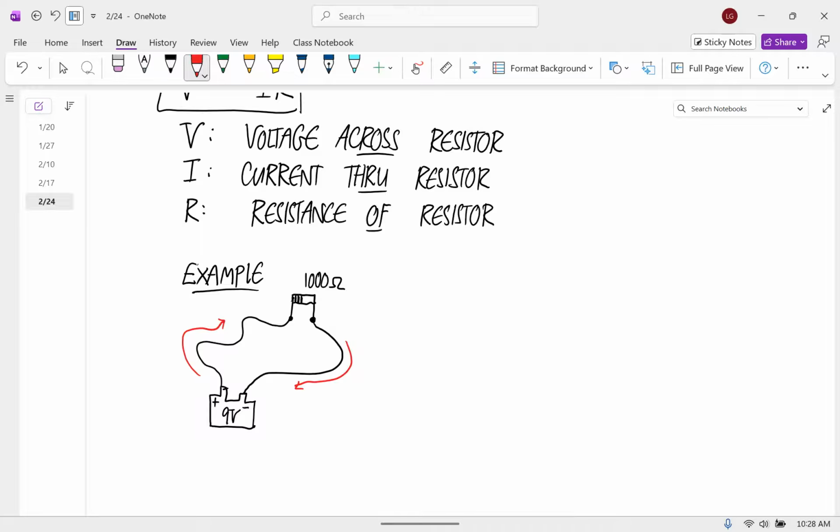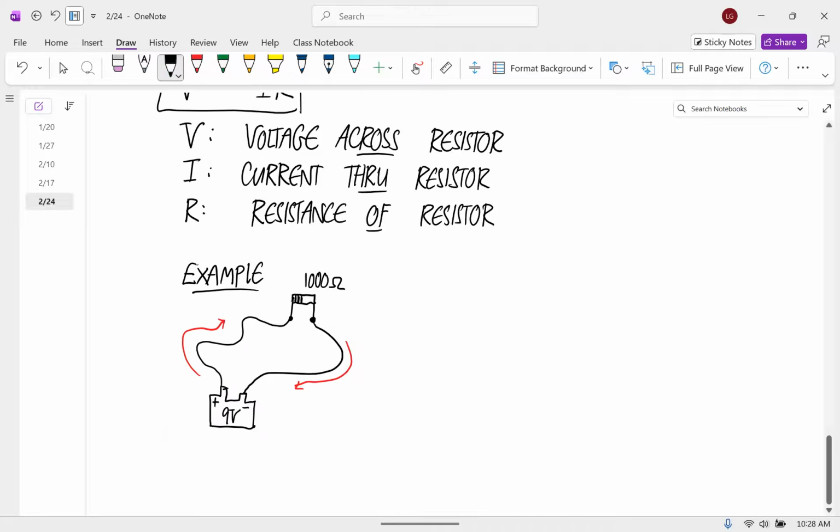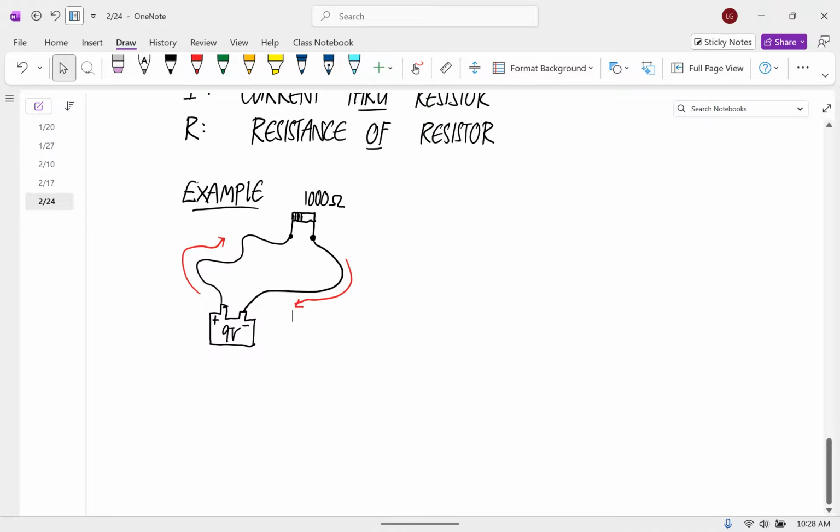What about the value of the current? Well, we can use Ohm's law to calculate that. To be careful about this, Ohm's law only applies inside the resistor.